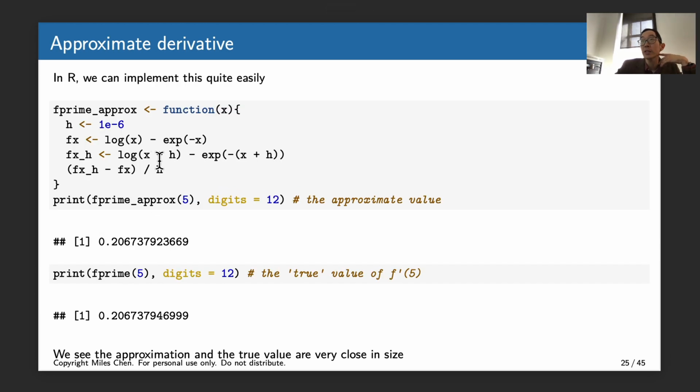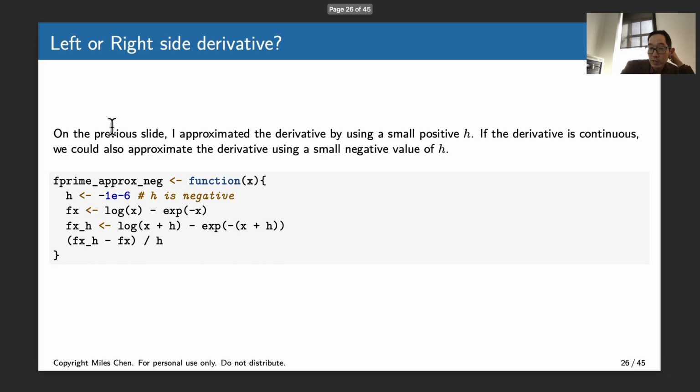The way we calculated it was we did x plus h, all right, and my h is a positive value of 10 to the minus 6. What if I have a negative h, right? Basically, in the previous one, I'm approaching h goes to 0 from the right-hand side. What if I approach h goes to 0 from the left-hand side? Okay, how is this going to change?